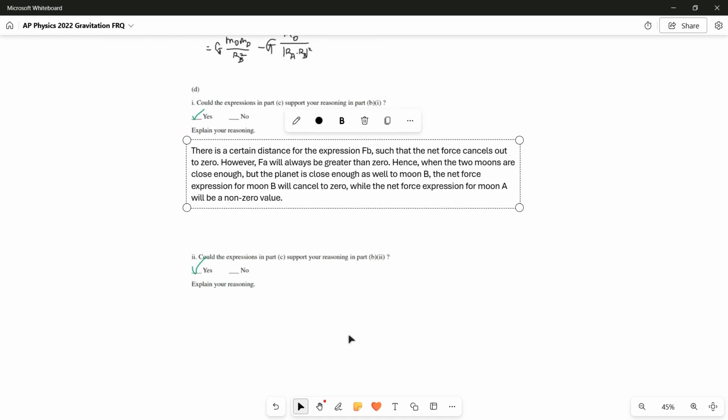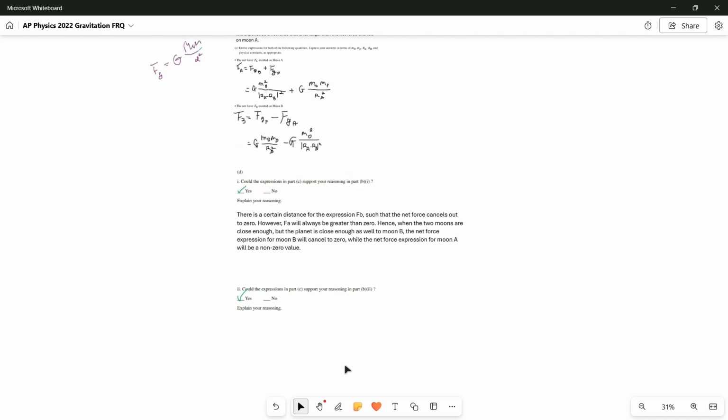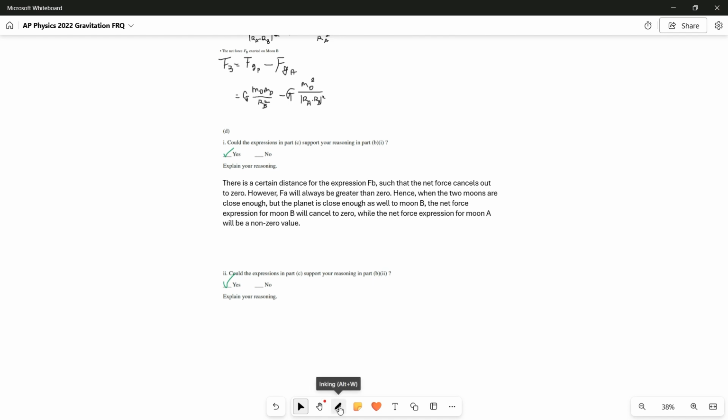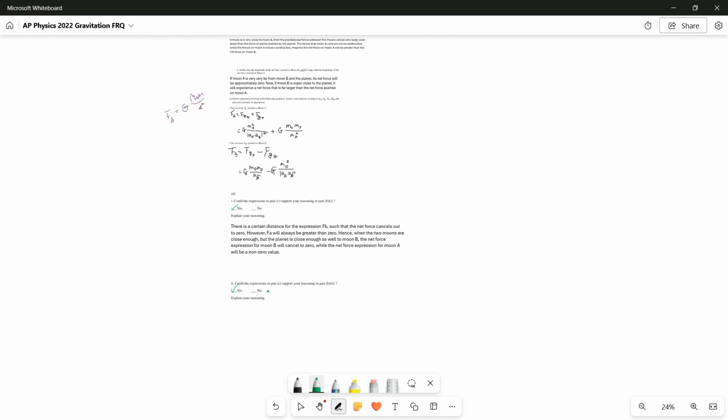Now, for our response for DII, well, that's a little bit different. Now we actually have to look at the other case. In the other case, we could reason this with a bit of calculus. It really isn't calculus, it's just us exploiting limits.